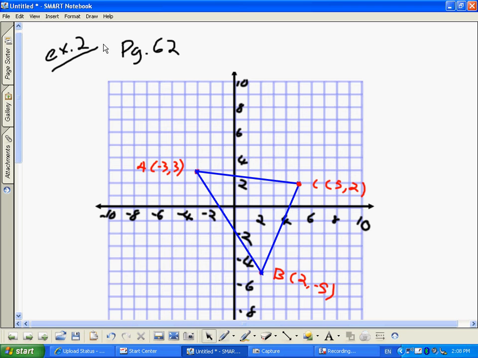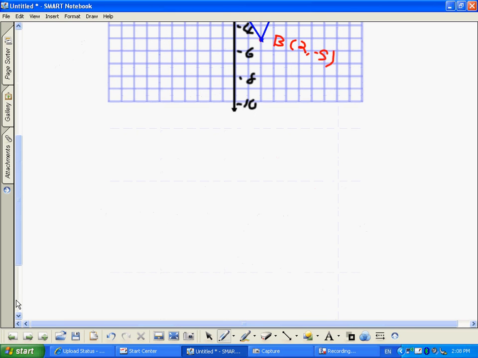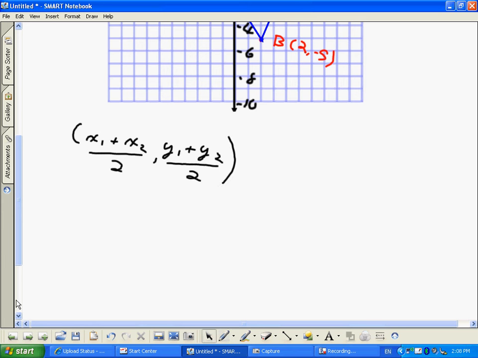Now, I don't know where the midpoint of A and B is, so I'm going to have to use the formulas we learned before. We're going to scroll to the bottom and plug in our formula. Remember, we had x1 plus x2 divided by 2, and y1 plus y2 over 2. That's the one I'm going to use because I find it easiest. So I add the x's and I add the y's.